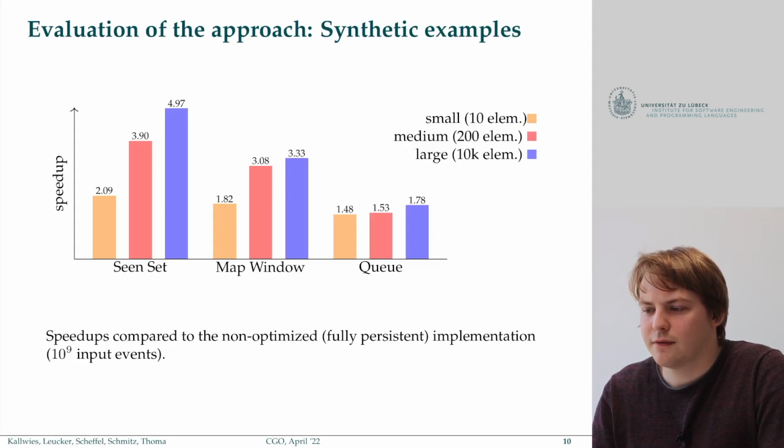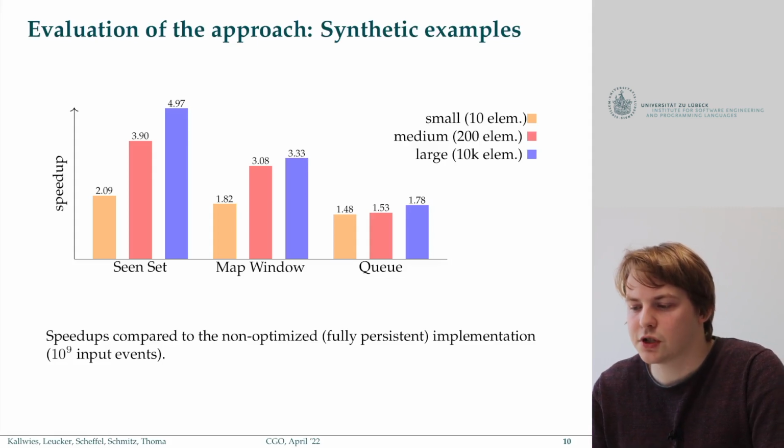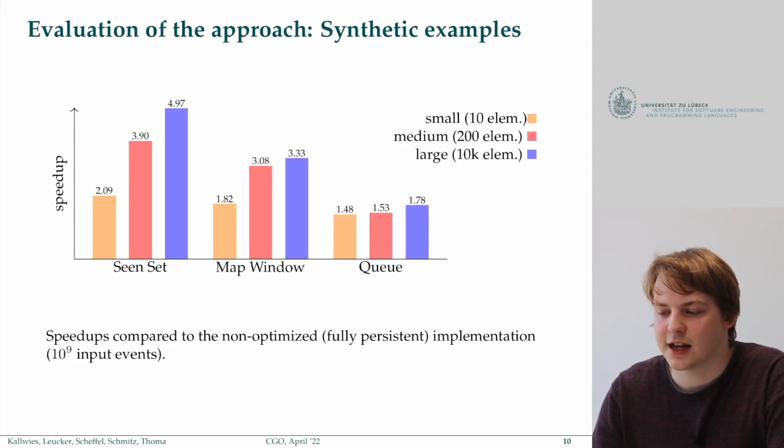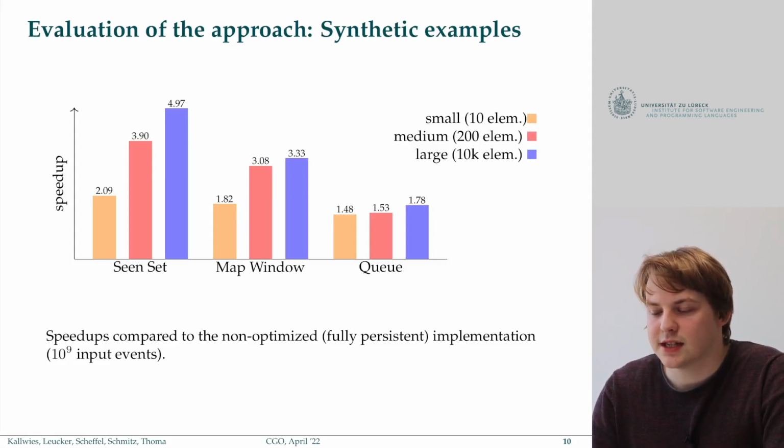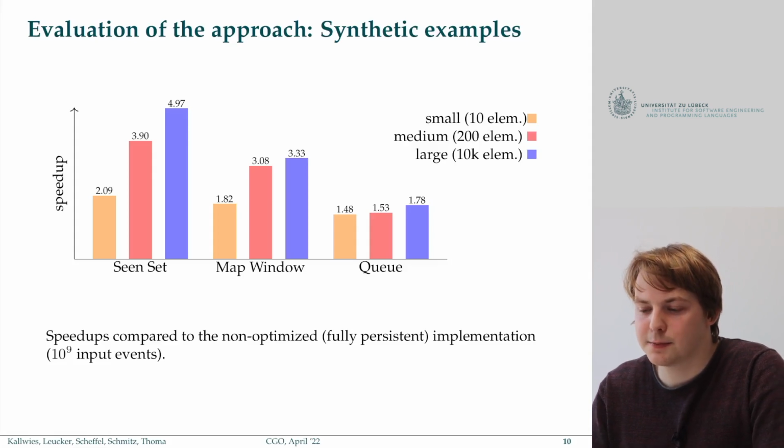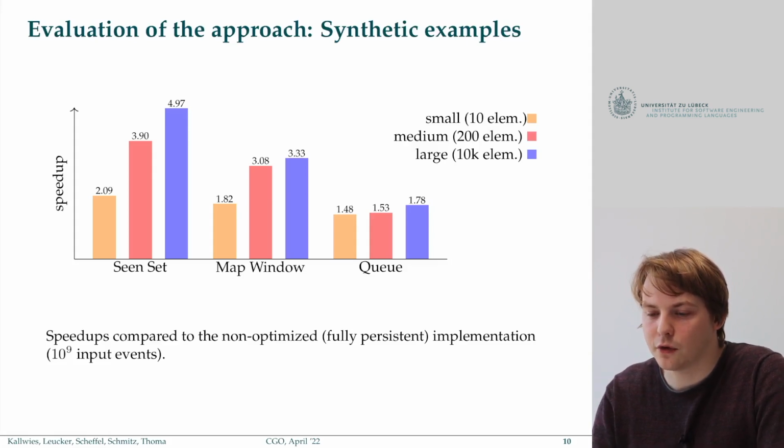We also had 3 variants of the specifications, one where the data structures only grow to a small size of 10 events up to a large size of 10,000 elements. In all cases, we could see quite significant speedups reaching from 1.48 to 4.97.